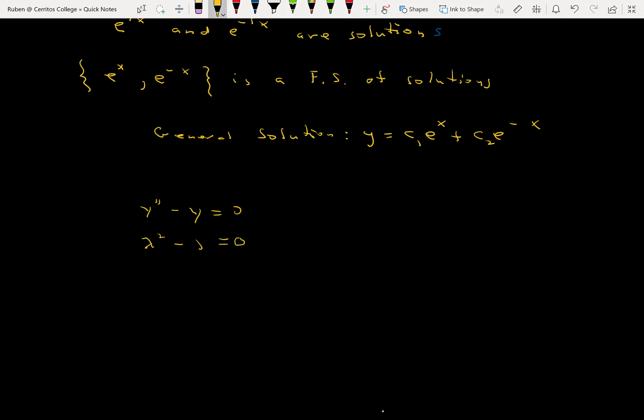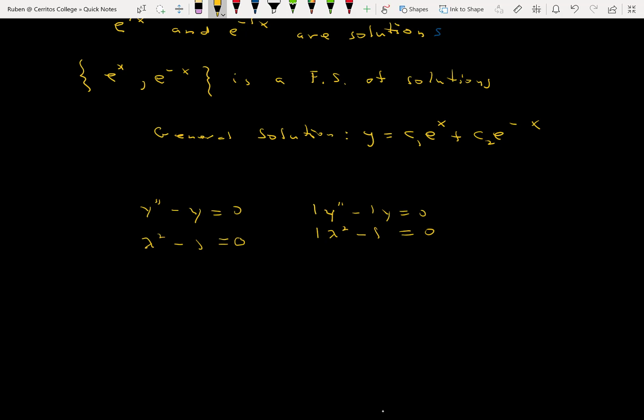It's pretty clear that we have a correspondence here. Look at the differential equation with coefficients written in. It looks like we have 1 y double prime minus 1 y equals 0, and 1 lambda squared minus 1 equals 0 for the auxiliary equation.